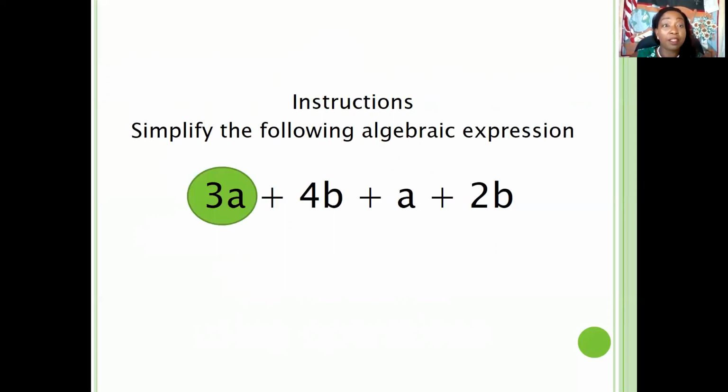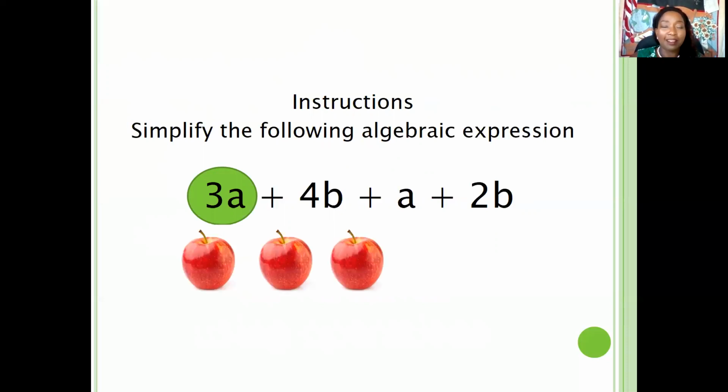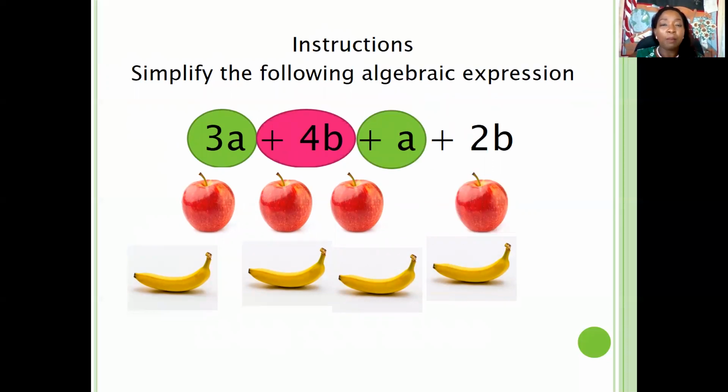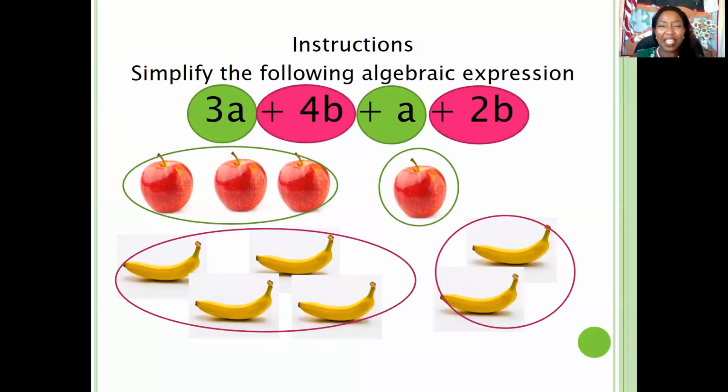We have 3a, and in your mind, you can go ahead and think 3 apples. Plus 4b. So I have added 4 bananas. Plus 1a. So I just went ahead, I added another apple. And then we added 2b.